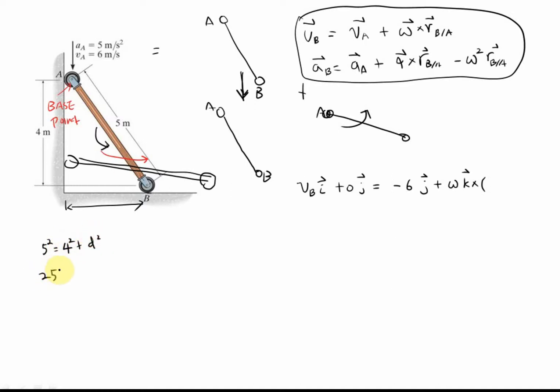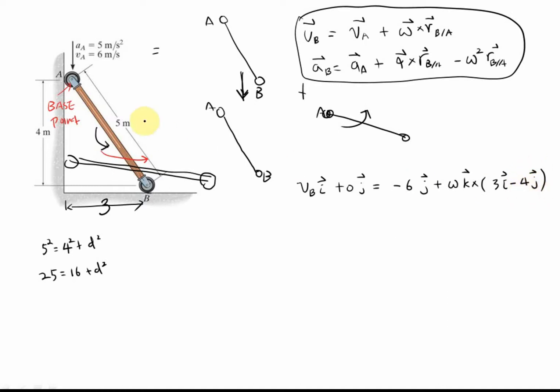So 25 equals 16 plus d squared. So if you just combine this, you know that d should be 3. Okay, that means your R vector from A to B should be 3I and negative 4J.